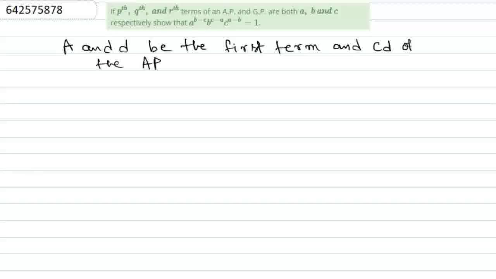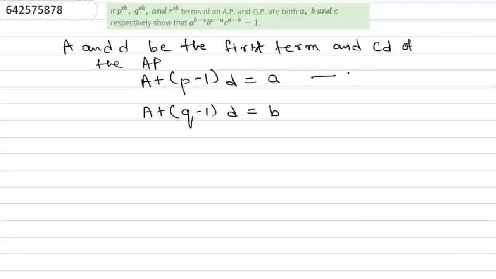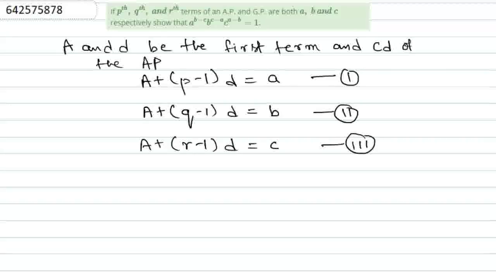So we can write that A plus P minus 1 into D is equal to a, A plus Q minus 1 into D is equal to b. We mark this as equation 1, this as equation 2, and A plus R minus 1 into D is equal to c.